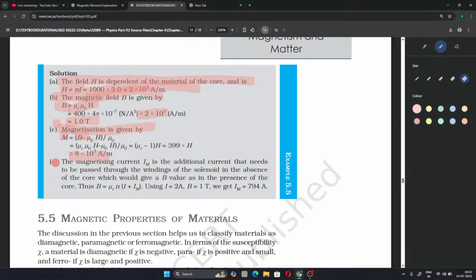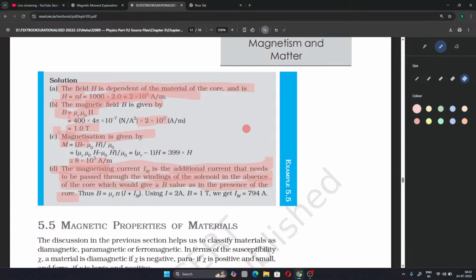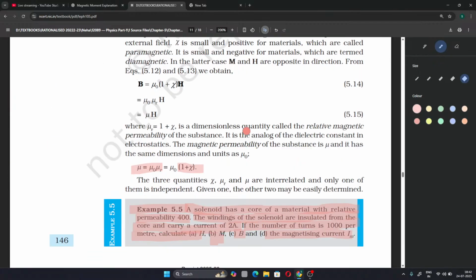Now the magnetizing current IM is the additional current that needs to be passed through the windings of the solenoid in the absence of the core, which would give a B value as in the presence of the core. This topic was not introduced here.